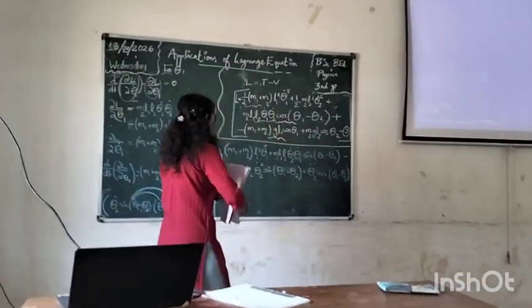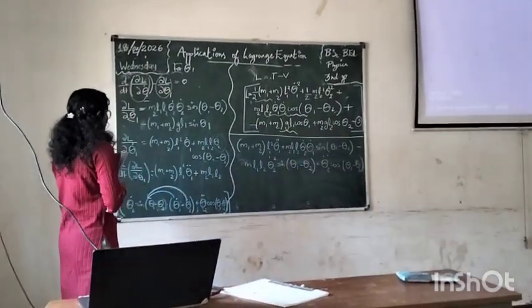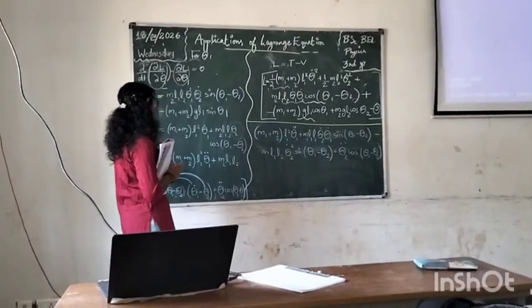So this is our d by dt of dou L by dou theta 1 dot.